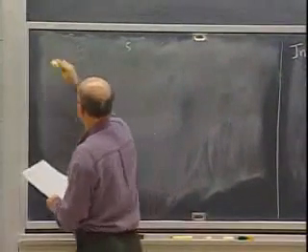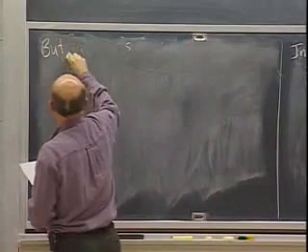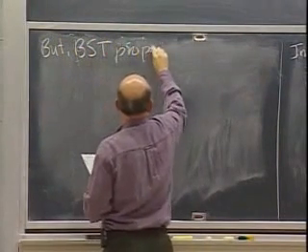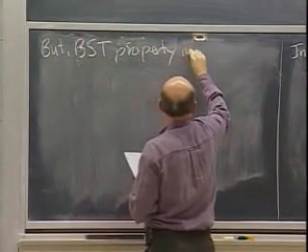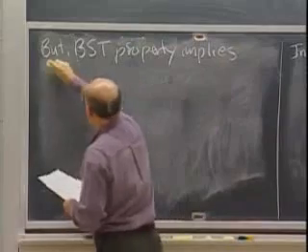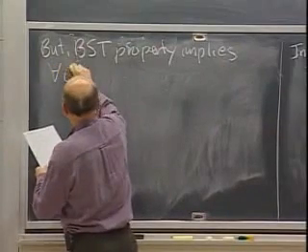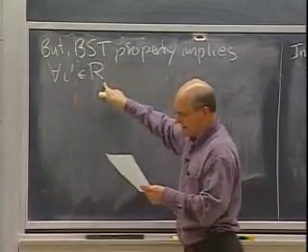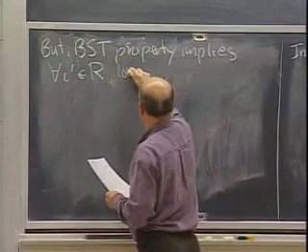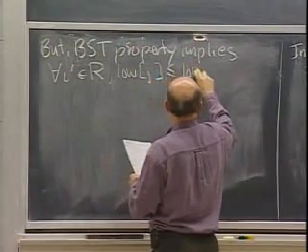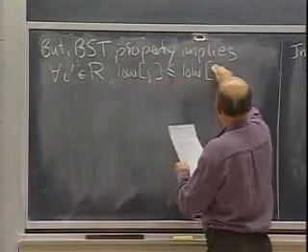Now we'll use the binary search tree property. That implies that for all I prime in R, everything in the right subtree, we have that low of J is less than or equal to low of I prime.